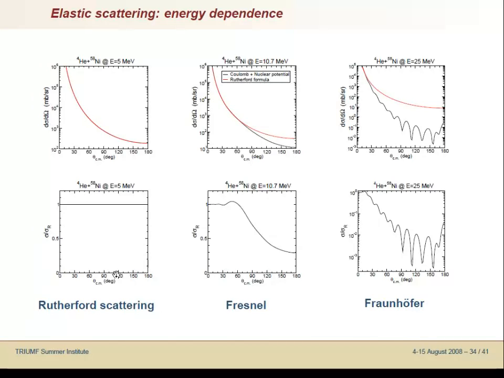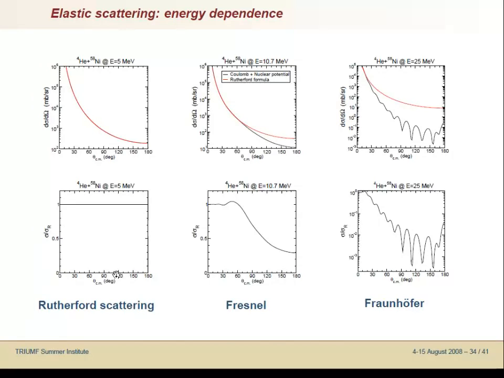At the bottom is the cross-section relative to the Rutherford cross-section, the ratio between the elastic cross-section and the Rutherford cross-section. In the top, just for reference, I also put the prediction of the Rutherford formula that you have seen this morning. The red line is just the Rutherford cross-section.